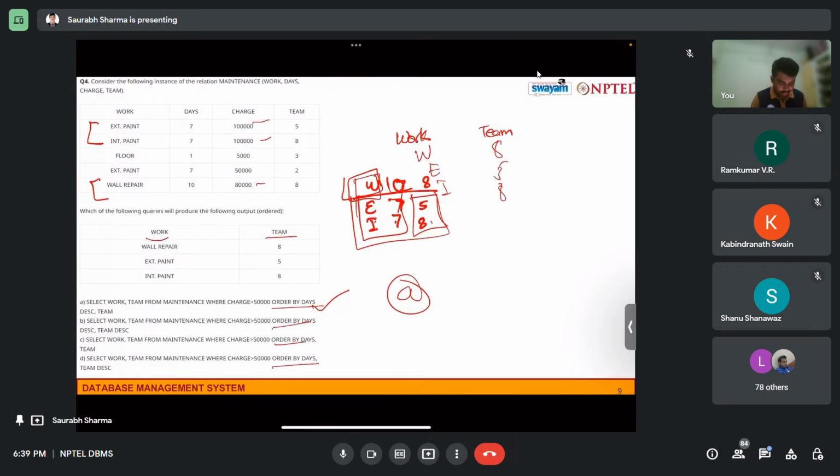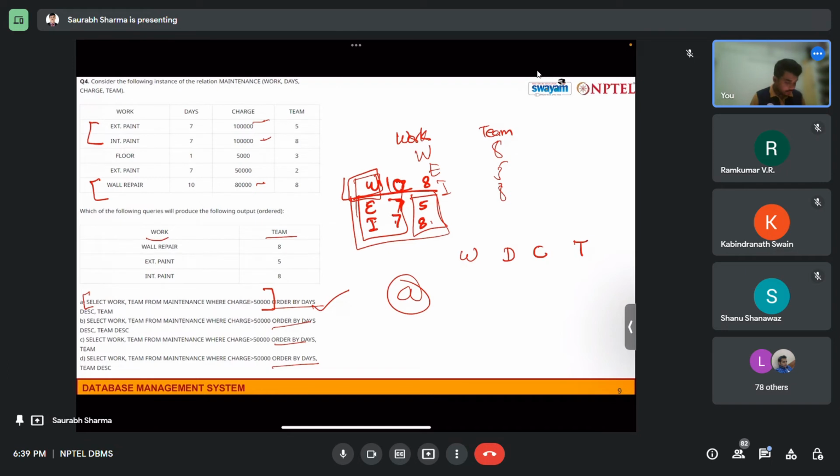Okay, so first we should come to this part of the query. From this we will retrieve these three tuples. There is work, days, charge, then team.